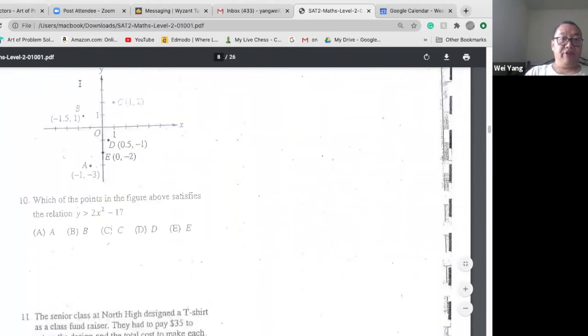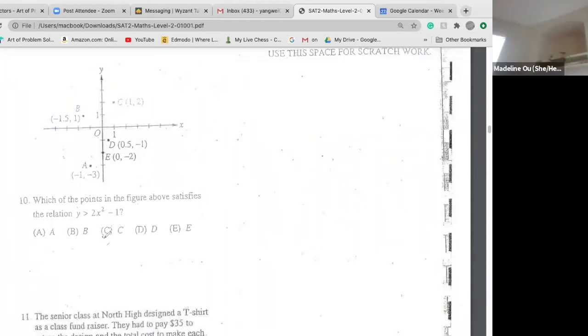Okay, what's your answer for number 10? C. C? Okay, now let's see which of the points in the figure above satisfy the relation y greater than 2x squared minus 1.